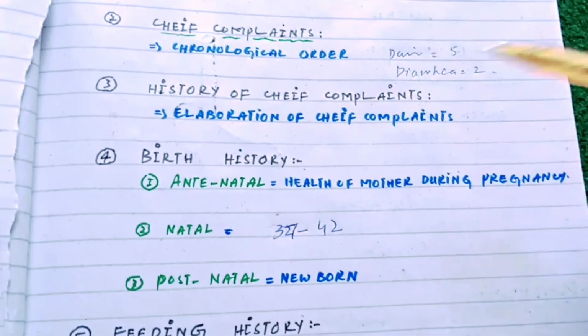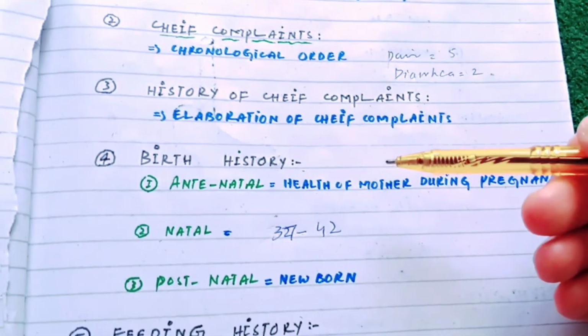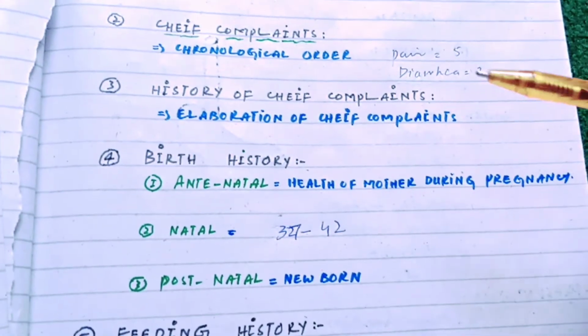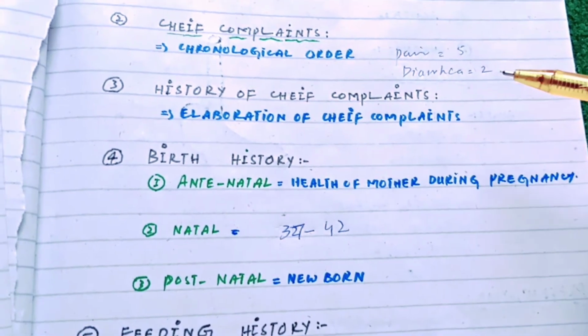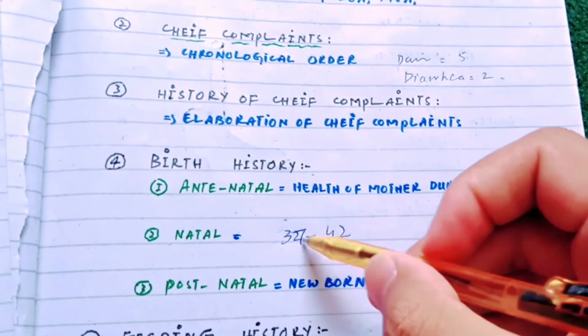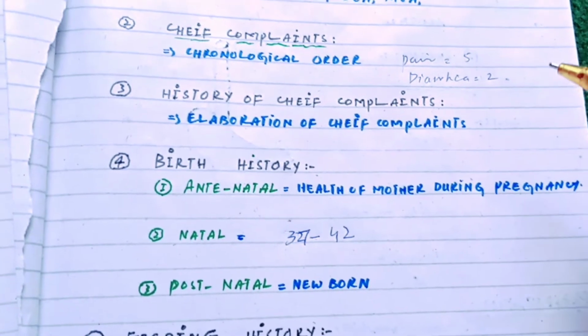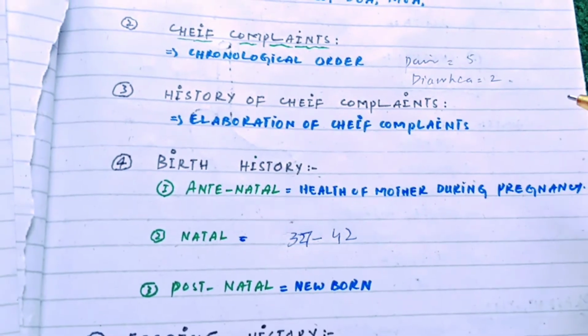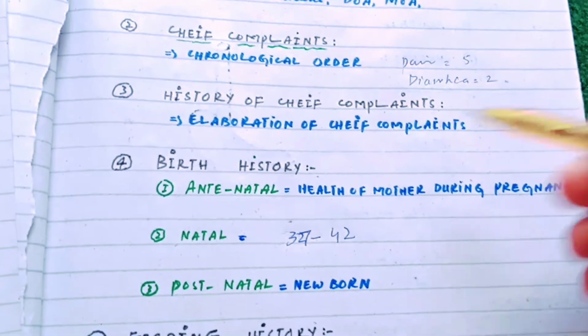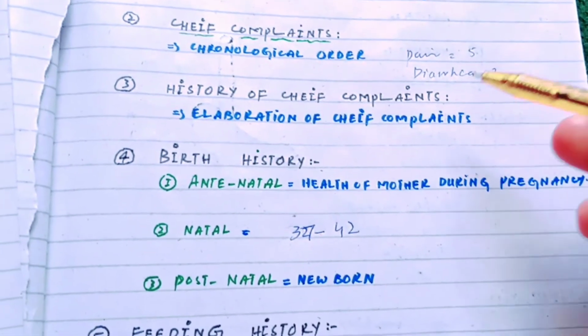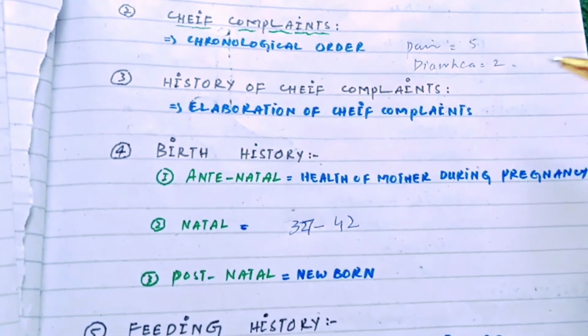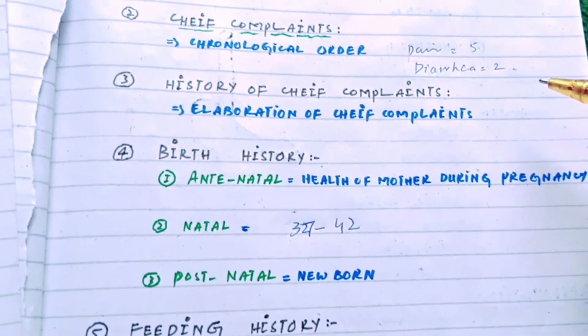The second is the natal history. In natal history, ask about the period of gestation or the duration of gestation, which is normally about 37 to 42 weeks. The second thing is the place of delivery, whether the baby was born at home or in hospital. And then the duration of labor.